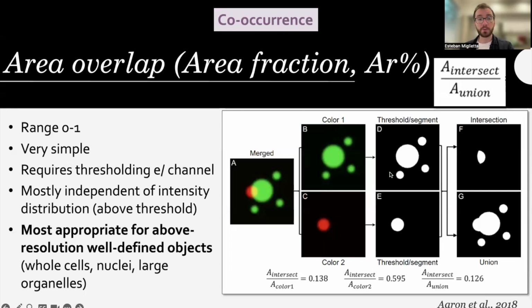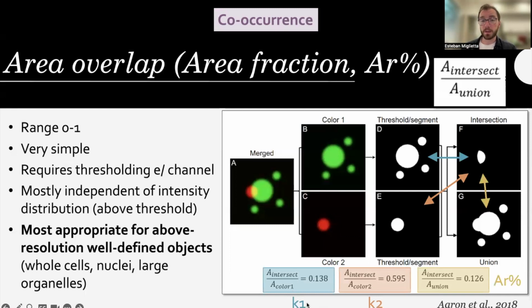Usually, whenever you measure the area fraction, you might get three different numbers, sometimes named K1, K2, and area fraction. K1 relates to the intersection of both signals relative to signal number 1, in this case green, and K2 the intersection relative to signal number 2.